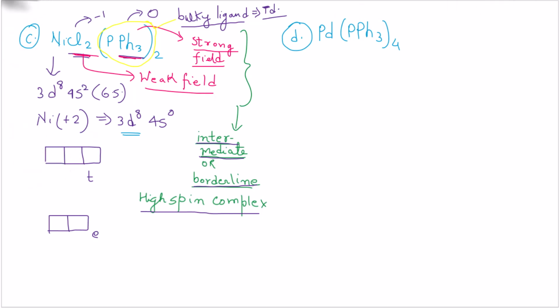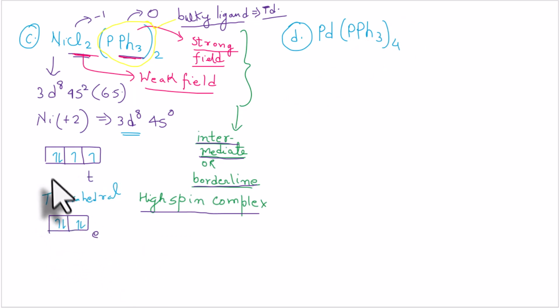So now if we fill the 8 electrons here, even if it is a strong field or weak field, we know that whenever we fill these 8 electrons, what will happen? 1, 2, 3, 4, 5, 6, 7, and 8. As you know, this is the crystal field splitting arrangement of the d orbitals in the tetrahedral geometry, whereby the d orbitals are split into low energy e and high energy t2 orbitals.